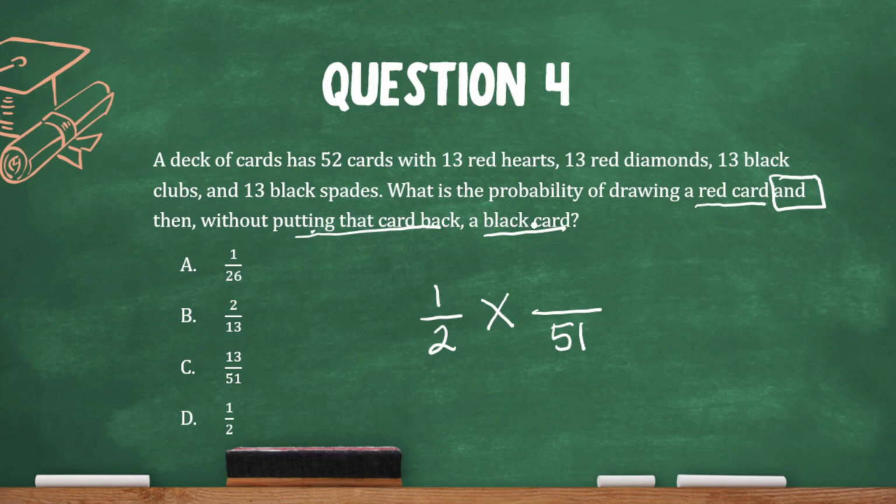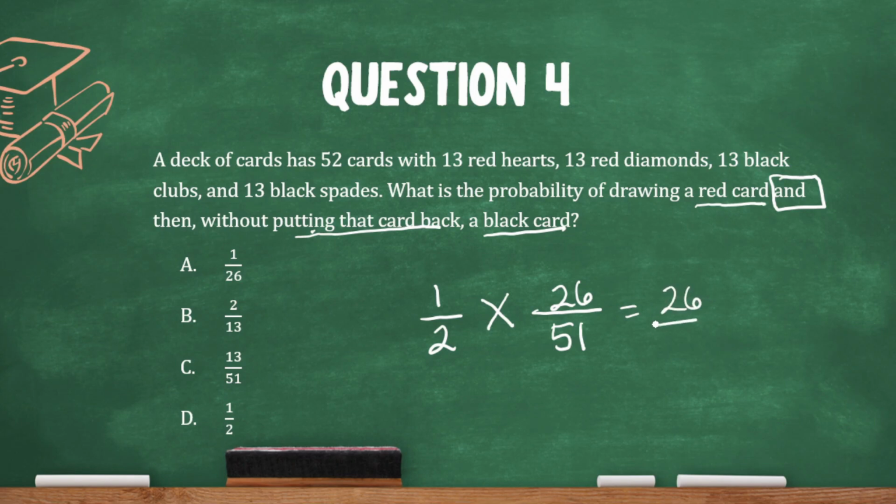And now they want to know the probability of drawing a black card. Well, there's still 26 black cards because we drew a red card. So 26/51, and let's go ahead and multiply across the top and across the bottom.